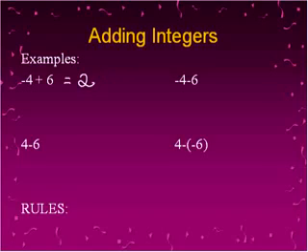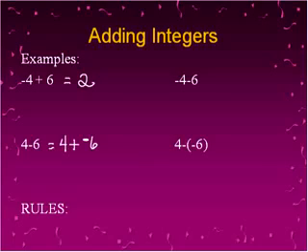Then if we go down to this one, 4 minus 6, if you remember, you can write a subtraction as an addition, and it will be 4 plus negative 6. Whatever sign is in front of the number is the sign for that number, so the 6 is actually negative.